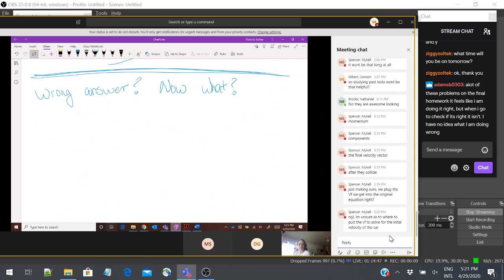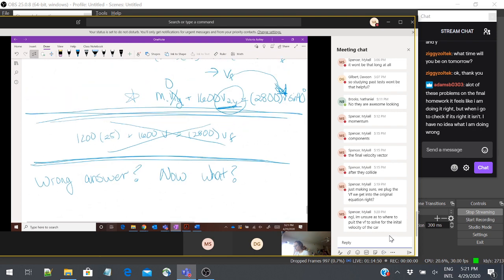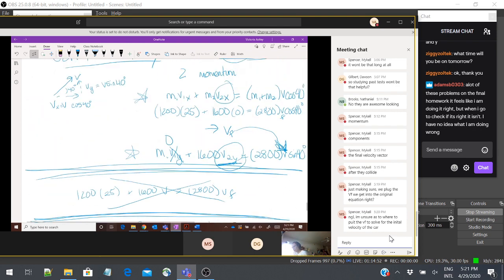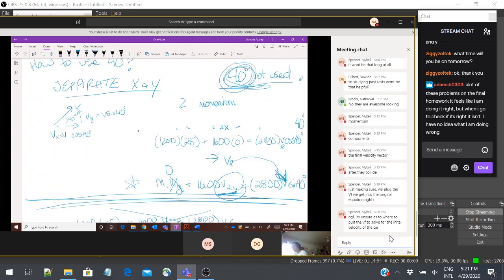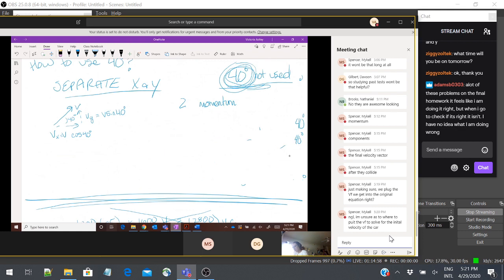So let me do this in a little more detail right here. So momentum is a vector, which means we have to separate x and y. So we need m1v1x plus m2v2x, and these are the initial values, equals m1 plus m2 v final x.